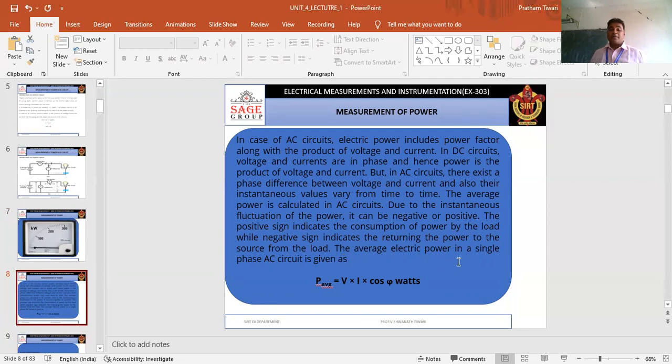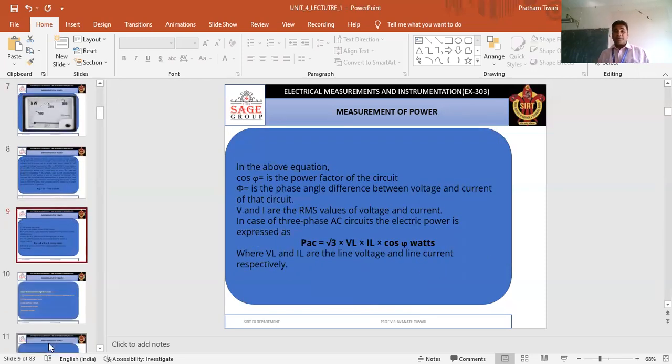The average electric power in a single phase AC circuit is given by P average equal to V into I cos phi, where P average is the average power in kilowatt, V is the supply voltage in volt, I is the current in ampere, and cos phi is the power factor of the circuit.